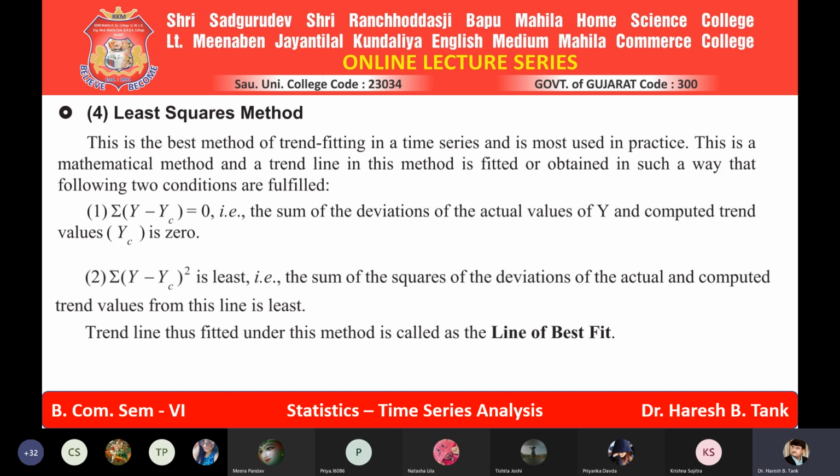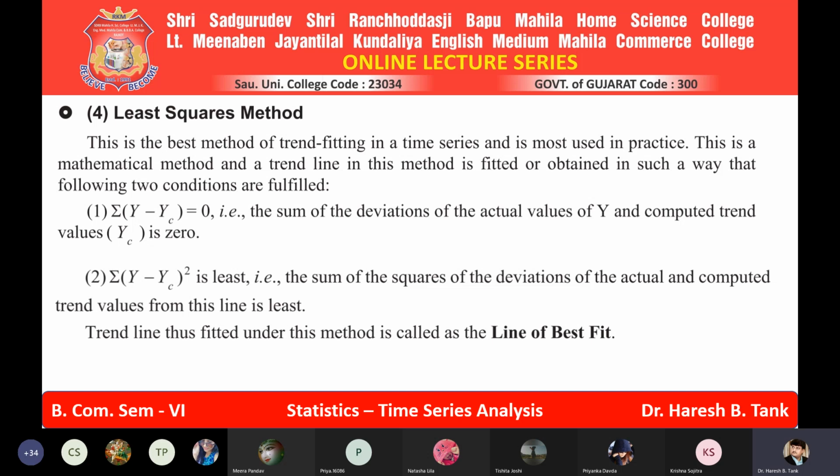One is linear and the second is non-linear, or you can say parabolic. First of all, let us concentrate on this part. The least squares method gives you an equation. This equation is very much needed, and once you get this equation, it is very easy for us to predict the future if the circumstances remain the same. Right? Okay.